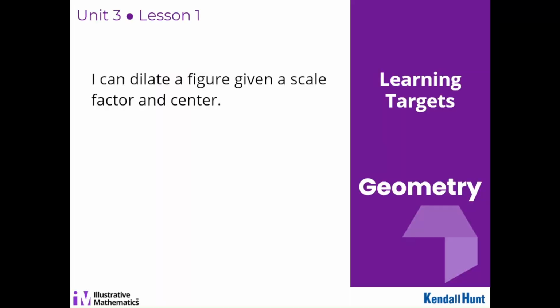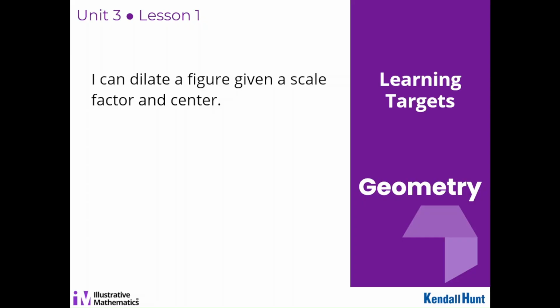Looking back on the learning target, we did have one, and that simply says that you can dilate a figure given a scale factor and a center. And all that means is that if they give you a shape and they tell you what the scale of it is and where your center is, you understand that you are simply making the distance between each point and the center that many times bigger.